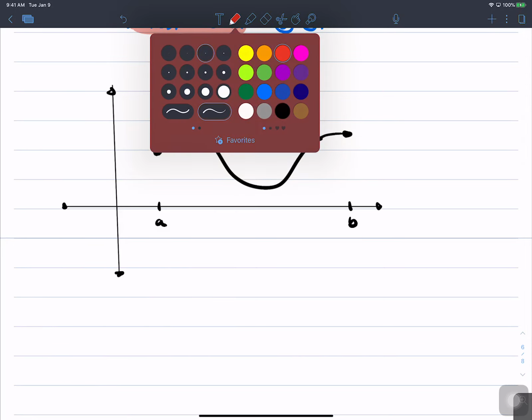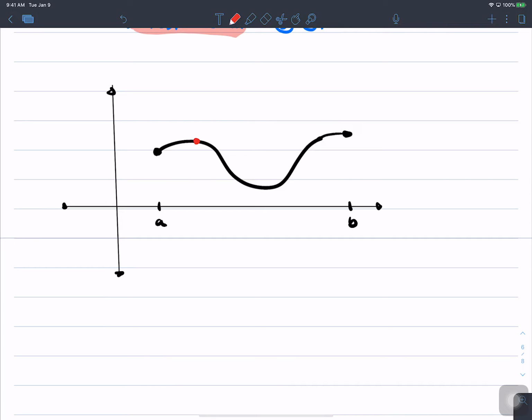So in the interval, you can have these special points here. And this is where you have a critical value, by the way, because you have a horizontal tangent. Remember that? So there's a critical value in that interval. There's more than one critical value. So here's another critical value. And then you're checking the endpoints.